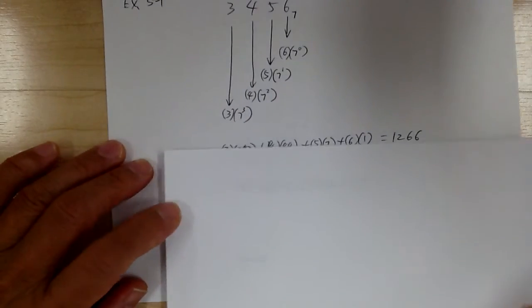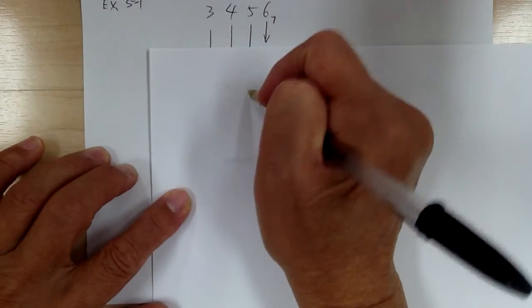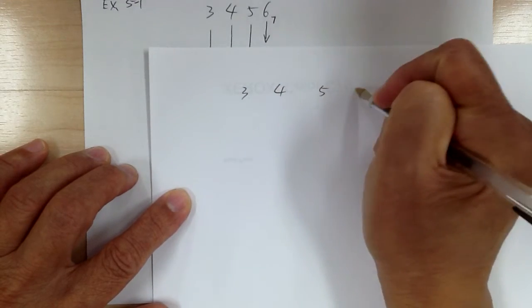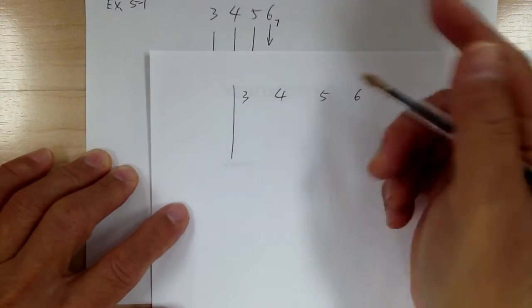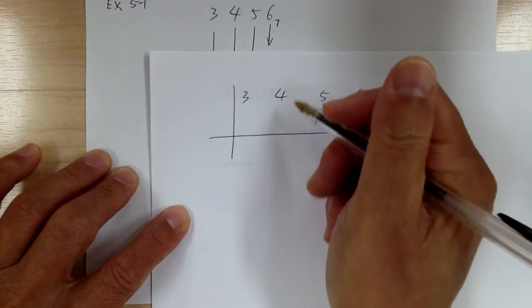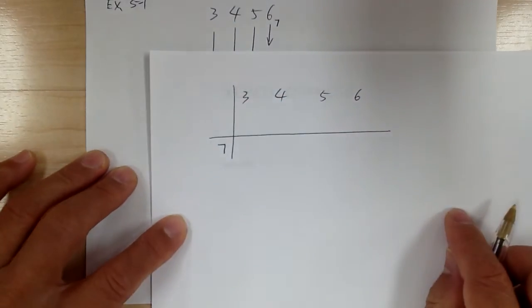Whenever you're going to convert to base 10, this is what you do. You've got 3, 4, 5, 6, with a little bit of space. You put your original base over here and use synthetic division.